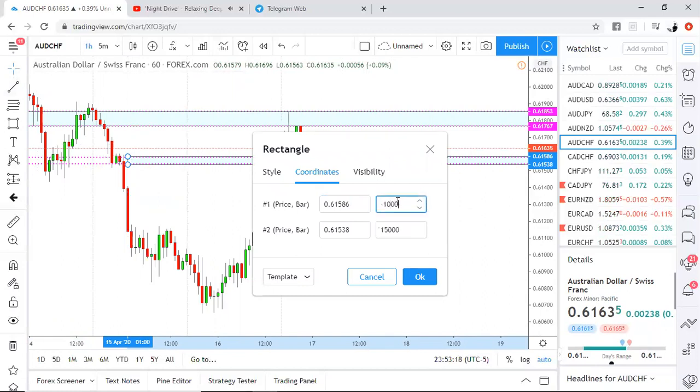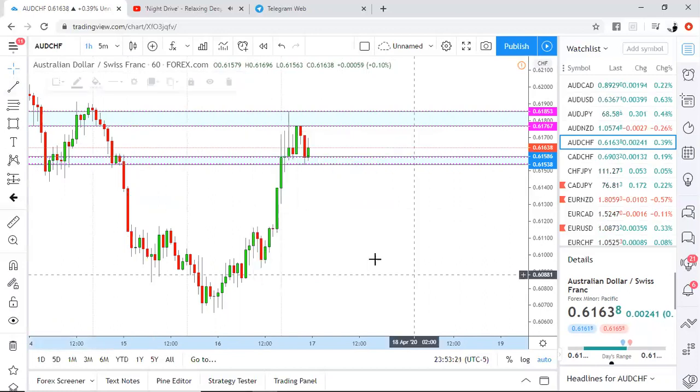It's just something about the look of clean charts to me that is so appealing.